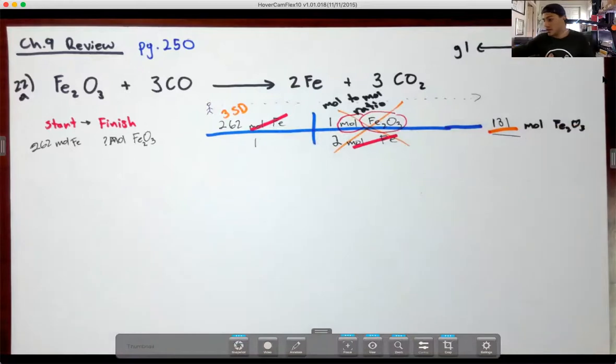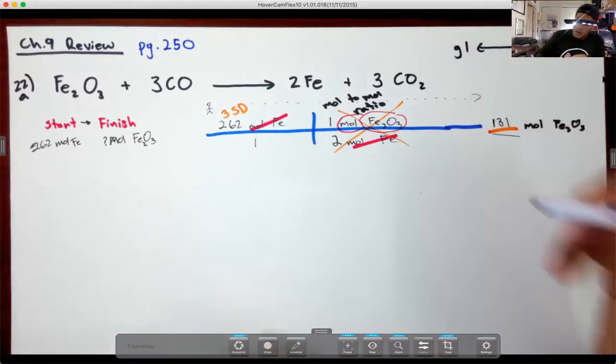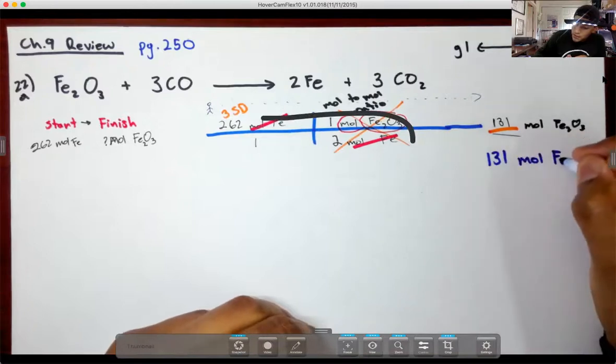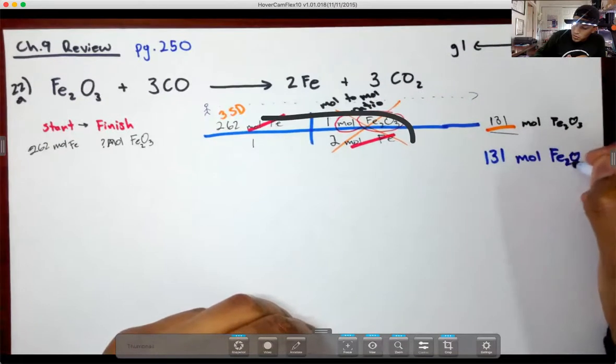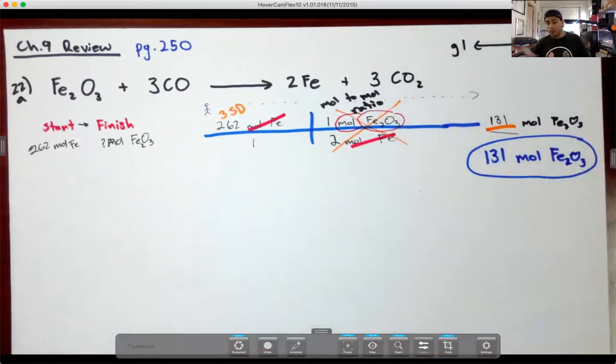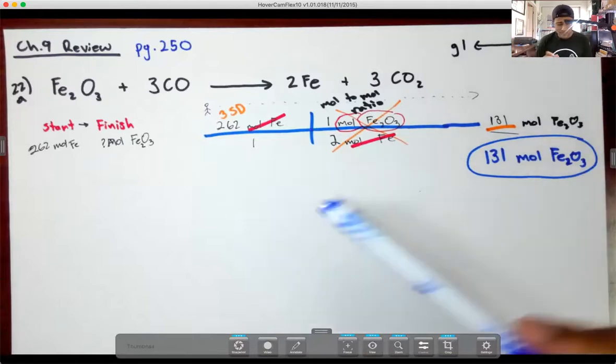So our final answer is going to be 131 moles of Fe2O3. Now, what did we just answer? Because it's super important that we know what we're answering, okay? Basically, the question asks, how many moles of Fe2O3 must react to produce 262 moles of Fe, okay?